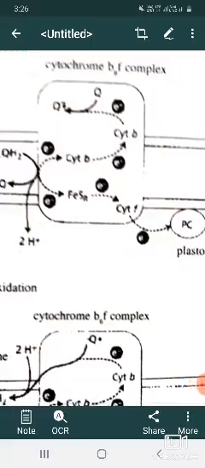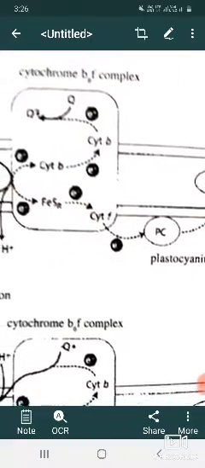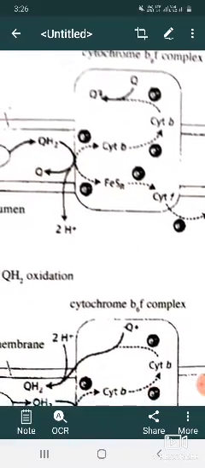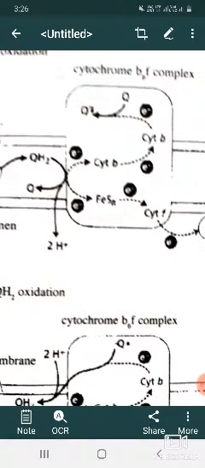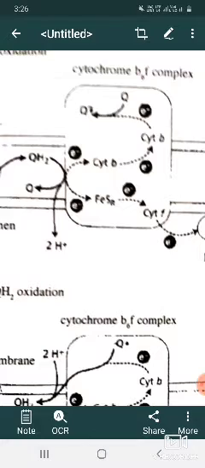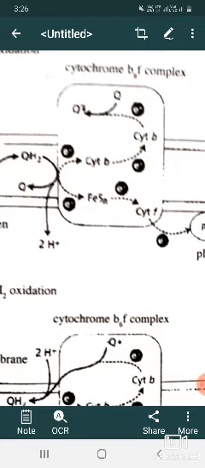A1 and ultimately to NADPH. For the formation of NADPH, two hydrogens and two electrons are required.